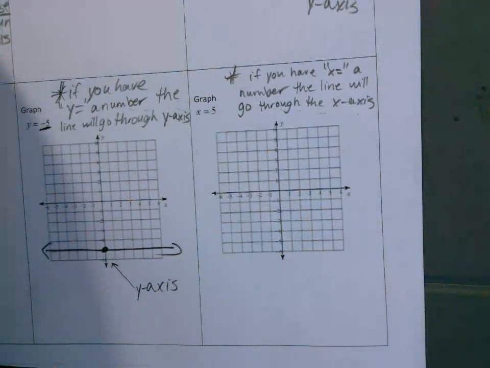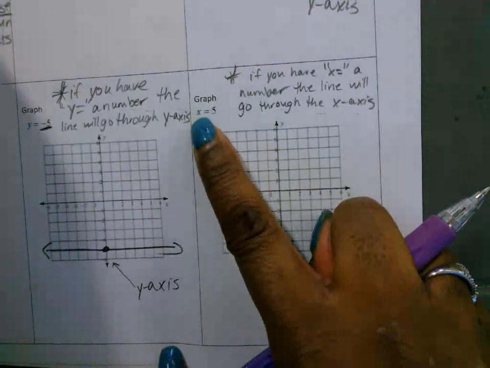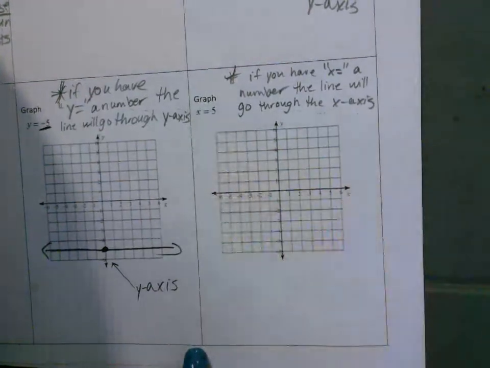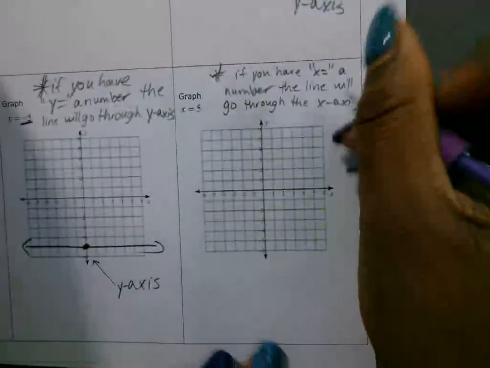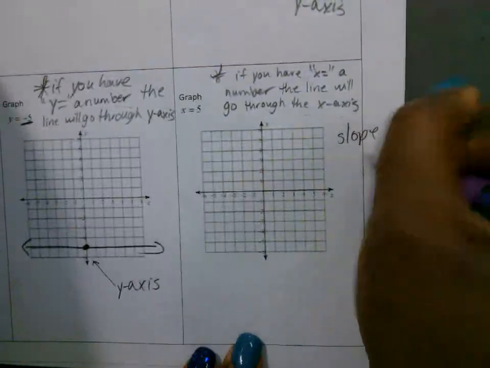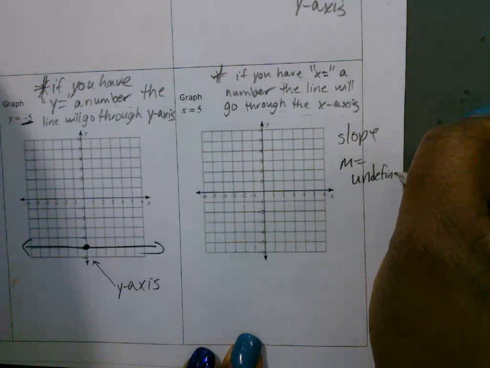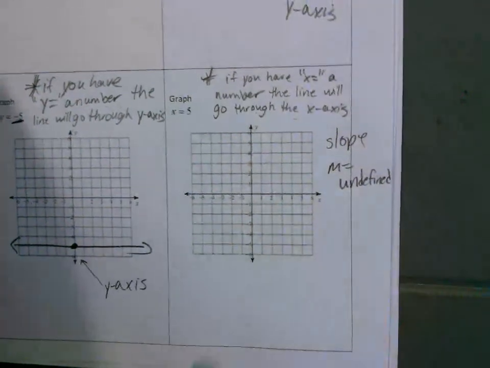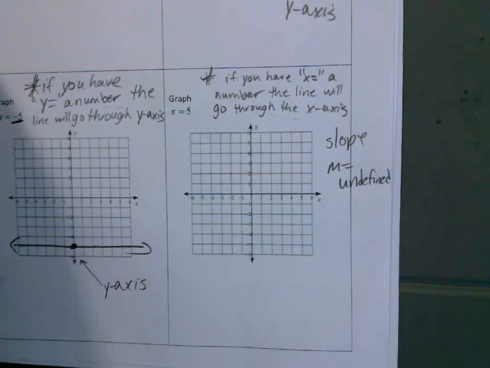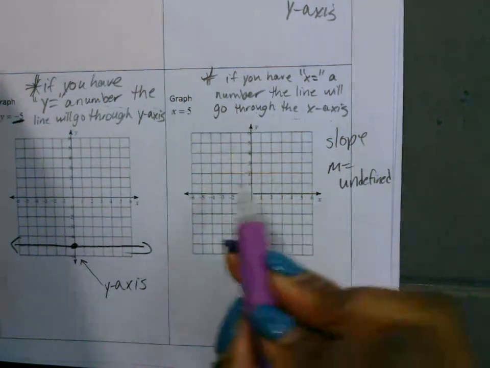Okay, I'm going to pause for the calls. The slope of a line where it's just x is equal to a number, since it's going straight up and down, the slope, m, is going to be undefined. And pause for the calls. So now we're going to find x is equal to a positive 5.